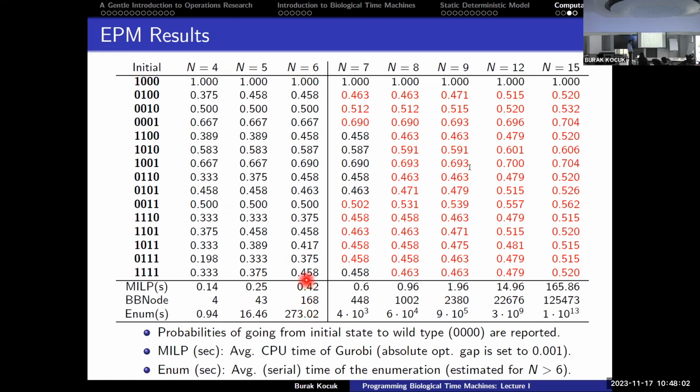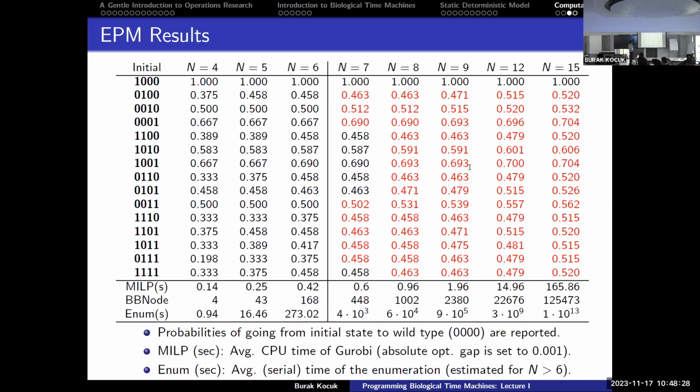I repeated this using my NLP, and it takes this much. They didn't report it for greater than 6, but I estimated how much time it would take on my machine. And here is the actual time it took on my machine to solve this.